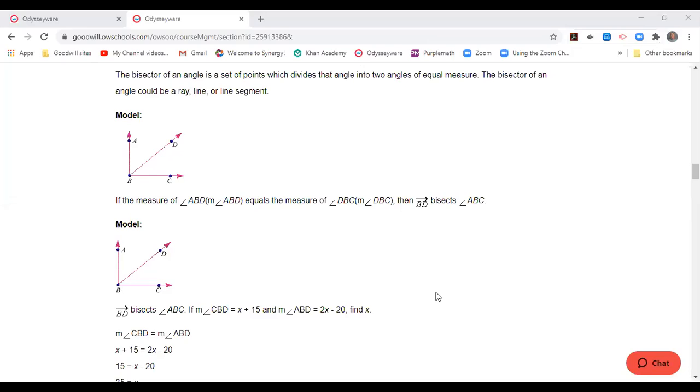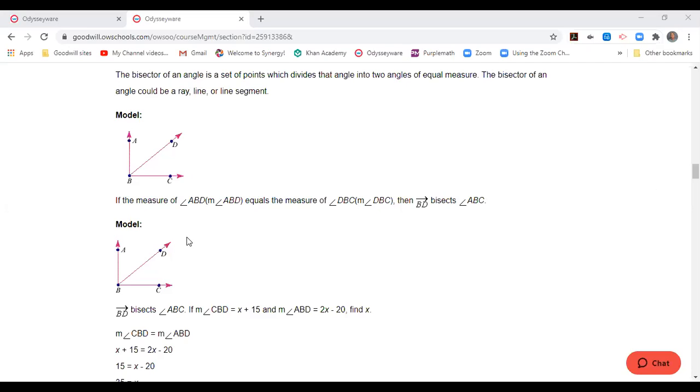It doesn't say that it's 90, and there's no square in the corner to show definitively that it's 90. If it's a right angle, it should always have a square in there or tell you that it's 90 degrees or that it is a right angle. Because it's one of those special angles, that's why it's defined. So you're not going to have to guess. It'll be indicated one way or the other.